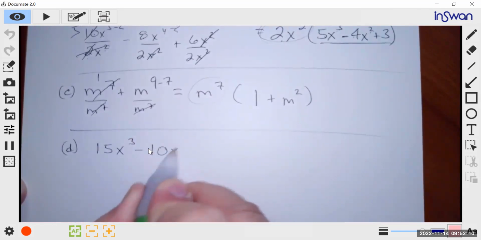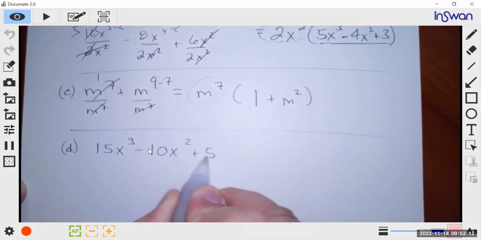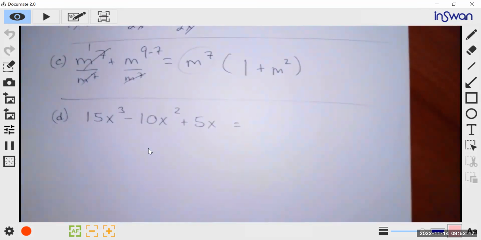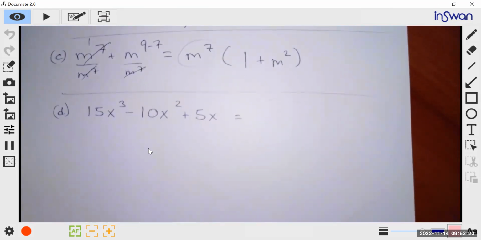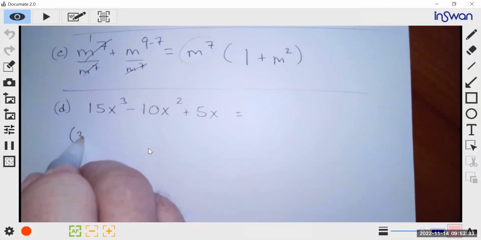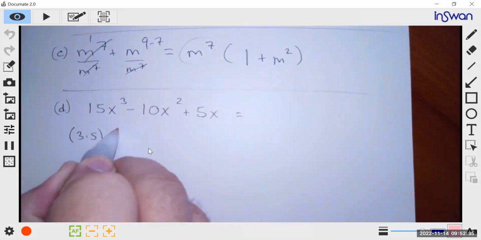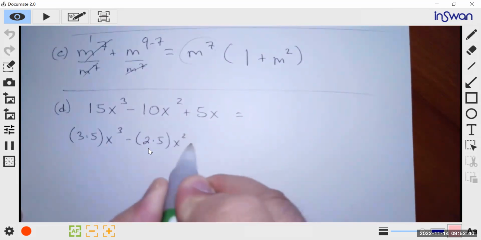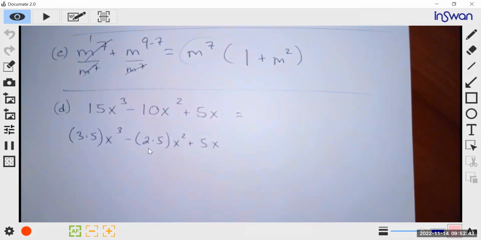15x³ minus 10x² plus 5x. So what do they all have in common?